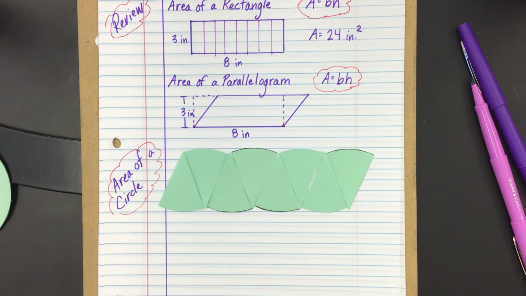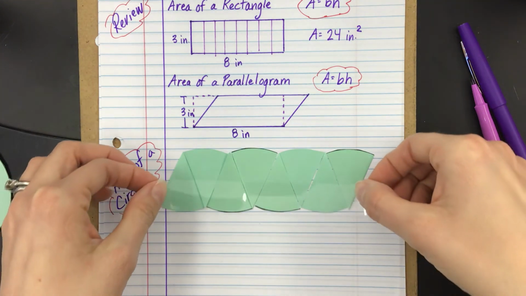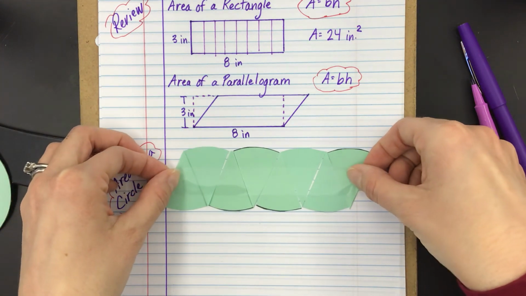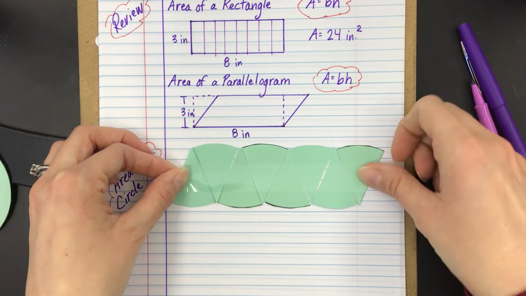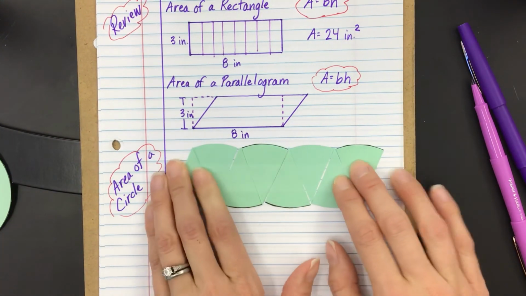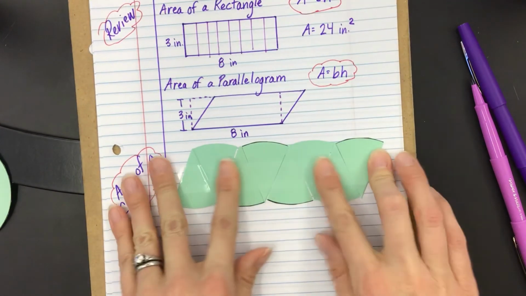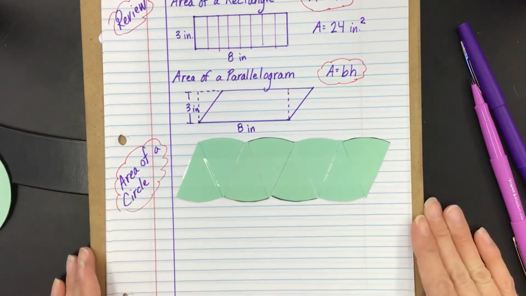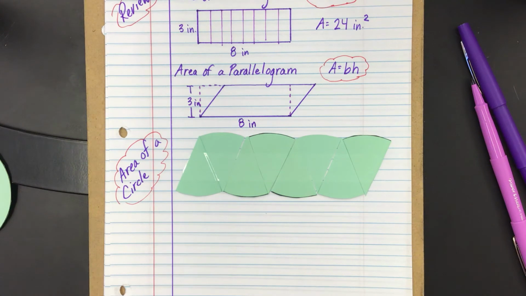So go ahead and glue those pieces down like this, and we're going to have a conversation about it. I cheated, I used tape, so it's really fast for me. Okay, so I'll give you a minute to get all those glued down, and then we're going to talk about how to find the area of this figure.